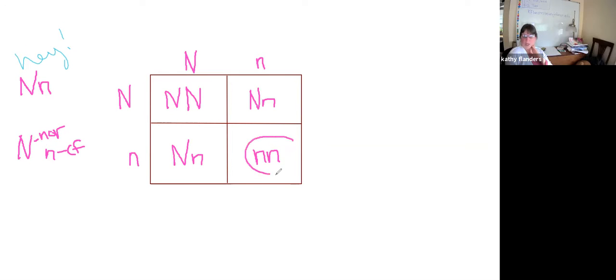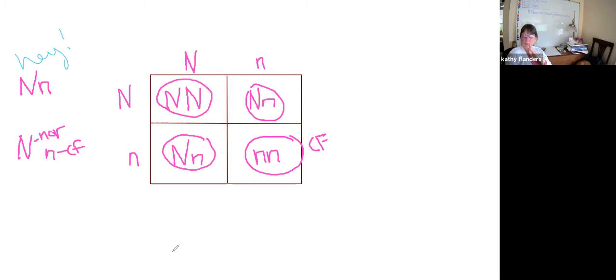So this person got both recessive genes, both recessive traits, and they just happen to be cystic fibrosis, unfortunately, right? It's not attached earlobes. So they've got both abnormal genes, so they have CF. And then these two will be carriers of the gene, but will not have CF. And then this will be unaffected and not be a carrier.